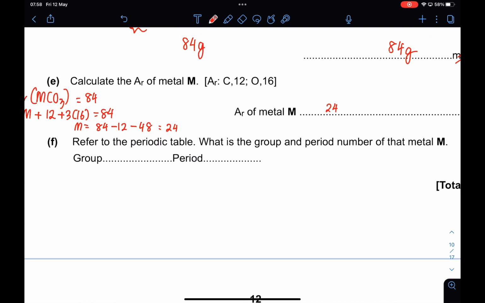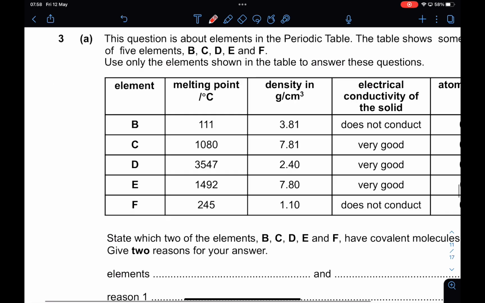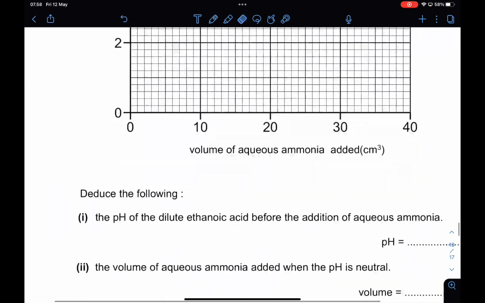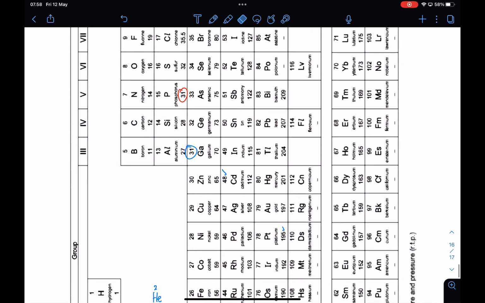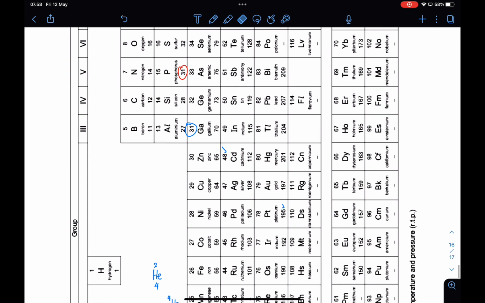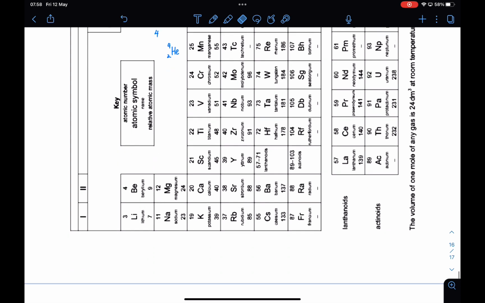Now refer to the periodic table. What is the group and the period number of that metal M? The AR is 24. Let's find out which group and which period. Not proton number, mass number.